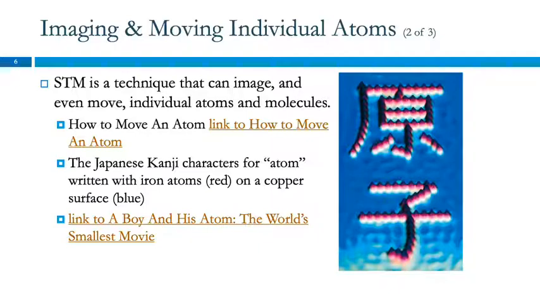So, yes? For some reason I thought I heard that atoms were so small that you couldn't even take a picture of them. That's correct. What we're doing here is not a visual picture. This is a computer saying, okay, my probe is here, it's this far off the surface, and it's in this location, XY.